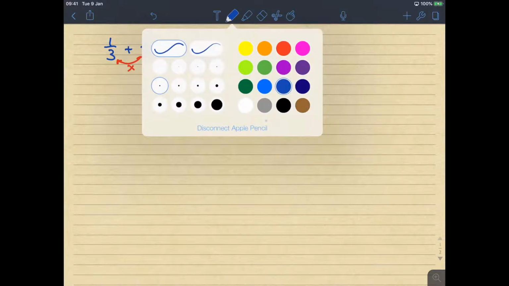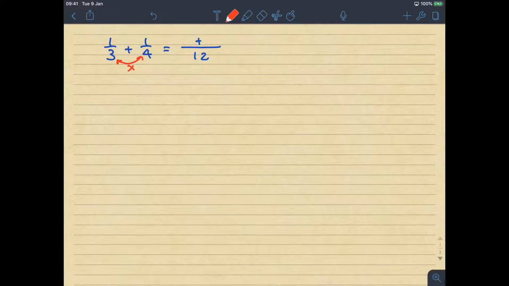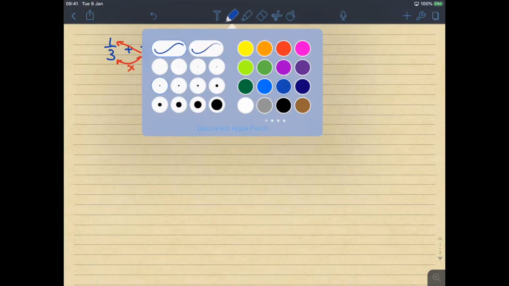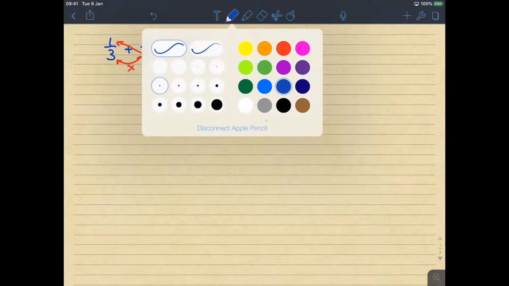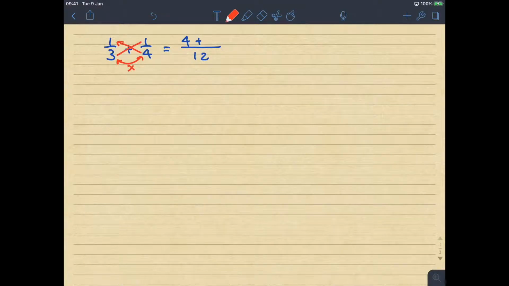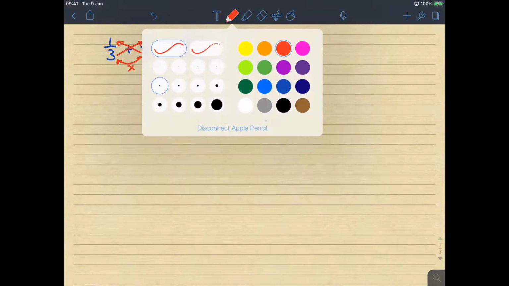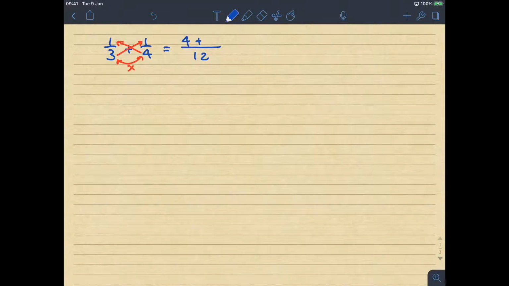And to do that, you need to multiply 4 by 1, which is 4, and then add 3 times 1, which is, sorry, 3. Okay, and you have 7 over 12. Right, okay, let's try another one.